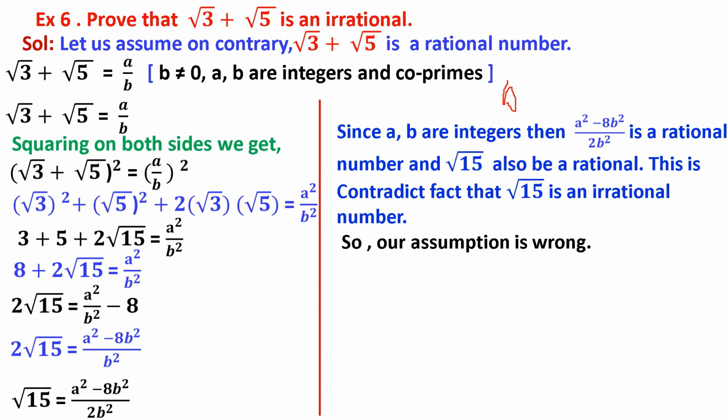But this contradicts the fact that root 15 is an irrational number. So our assumption is wrong. Therefore root 3 plus root 5 is irrational, hence proved.